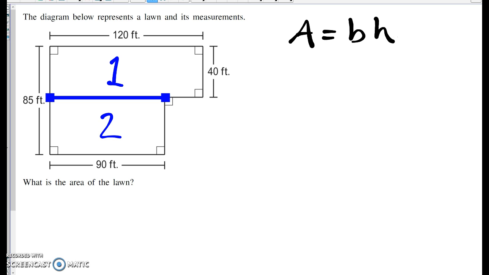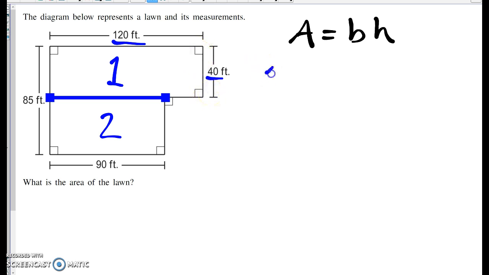So I'm going to start with rectangle number 1. Up here, you look for the base or the length, and you can see that it's 120. And the height, when it's drawn this way, is labeled 40. That's how long that line is.